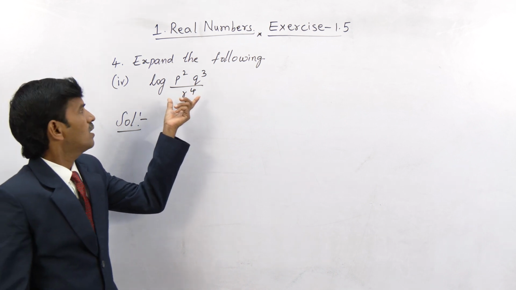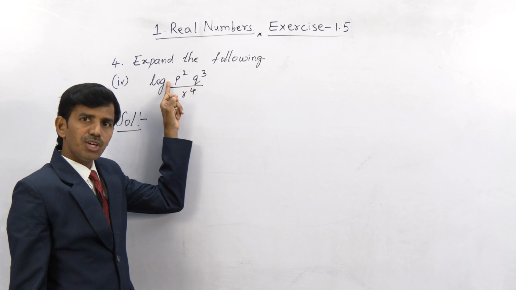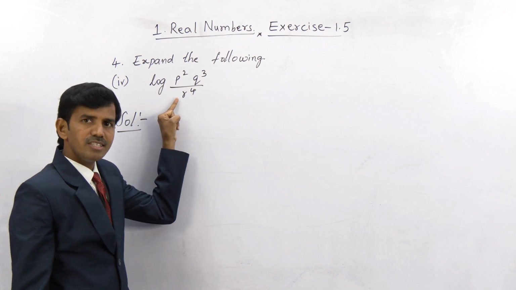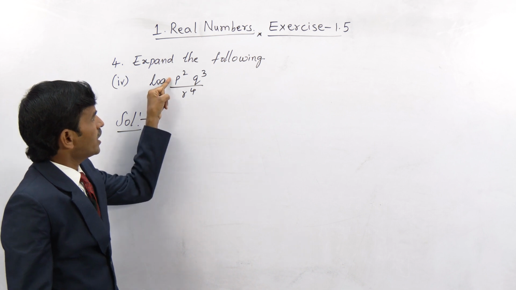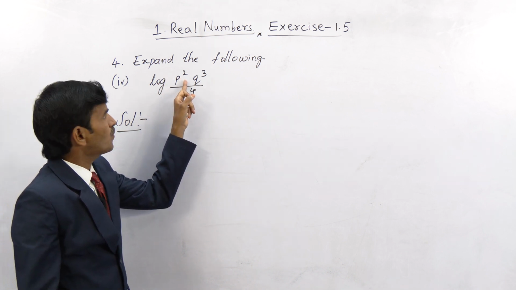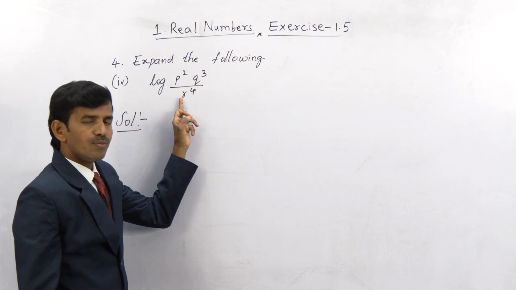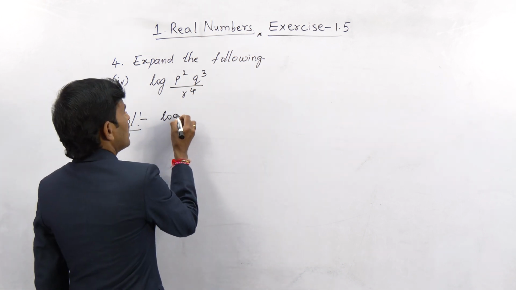If you observe the logarithmic value here, there is the product of p and q, and at the same time there is a quotient term, that is r power 4. So here the numerator is a product and the denominator is a quotient. We need to apply the product rule for the numerator and the division rule for the denominator. So for that, how to split? Let us see here.